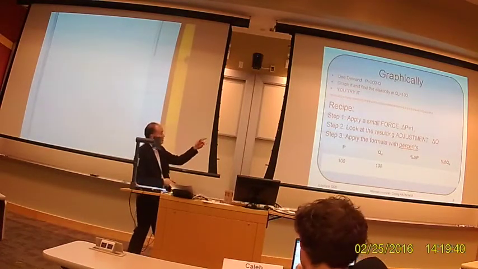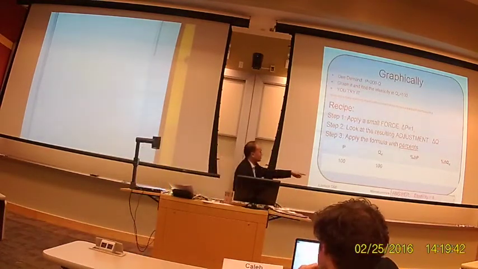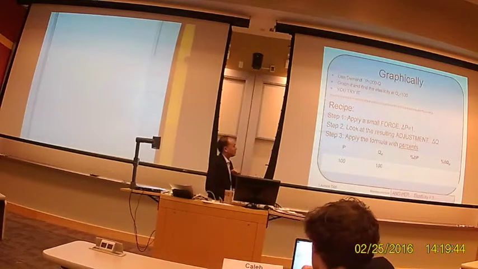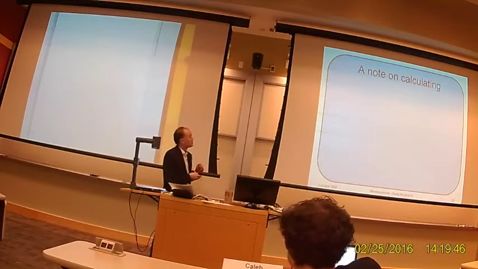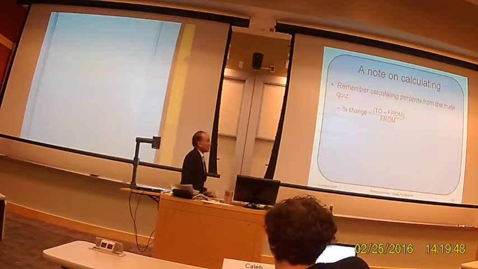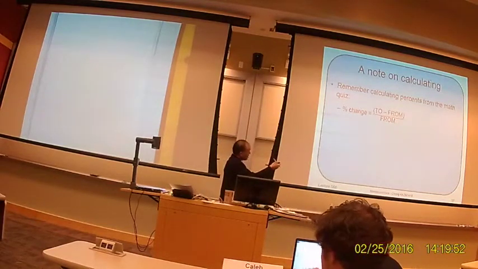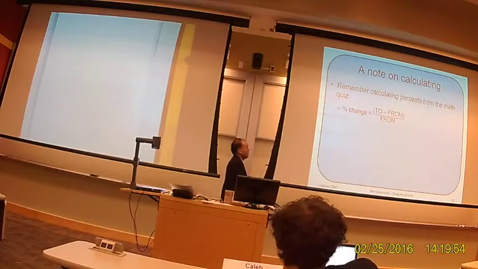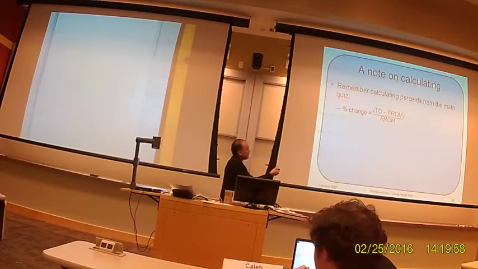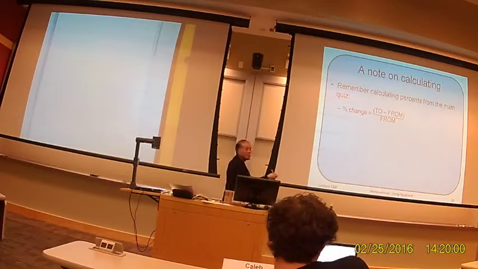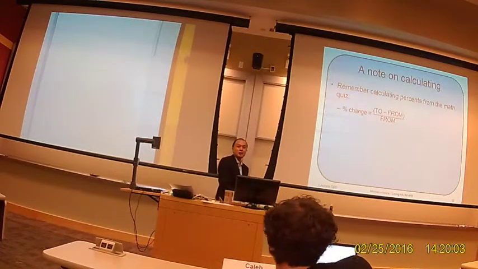So graphically, you apply the force, you do percent, the elasticity is 1. And a note on calculating, remember calculating percents for math is 2 minus from divided by from. Sometimes I'll give you a percent change, and I'll give you the from, and you have to compute the 2. So you can use this equation as well.